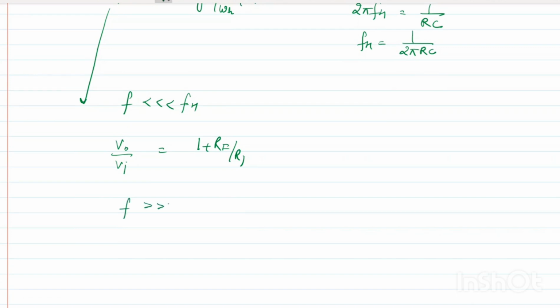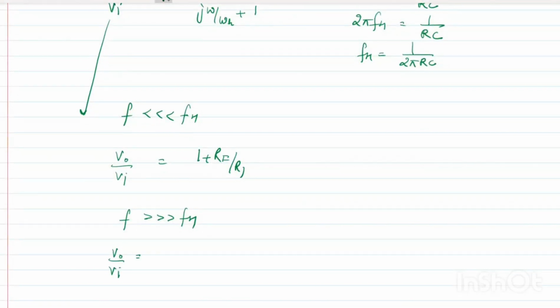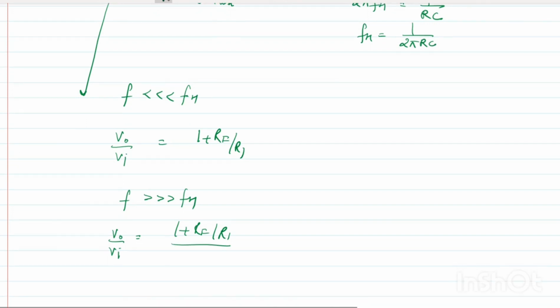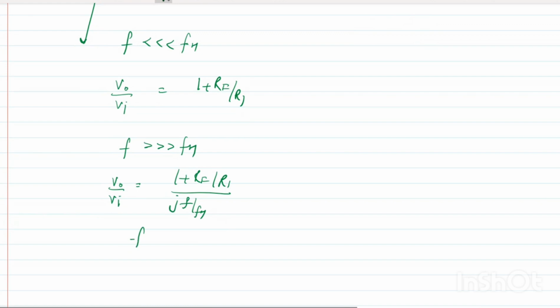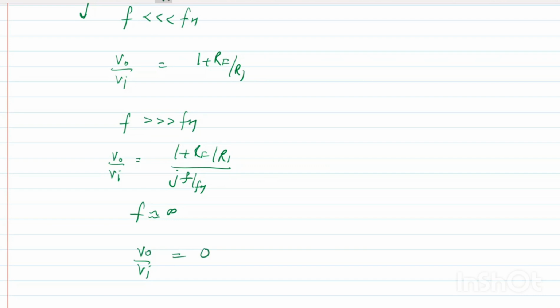When f is greater than fh, V naught by Vi equals to 1 plus Rf upon R1 upon क्या आएगा? f upon fh. Right? And when I say that f is equal to infinity, then your V will become 0. This shows that when frequency is increasing, your gain is becoming 0.